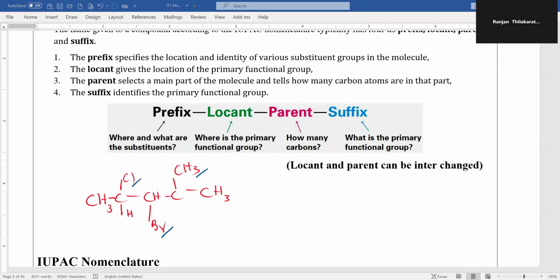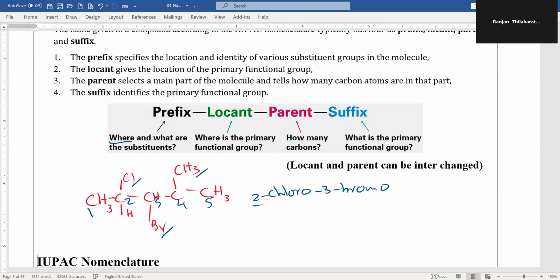Then in naming this, these are the substituents, and where means to which carbon it is attached. Then you can number the chain as 1, 2, 3, 4, and 5. Then you can say on the second carbon you have chloro, and on the third carbon you have bromo.